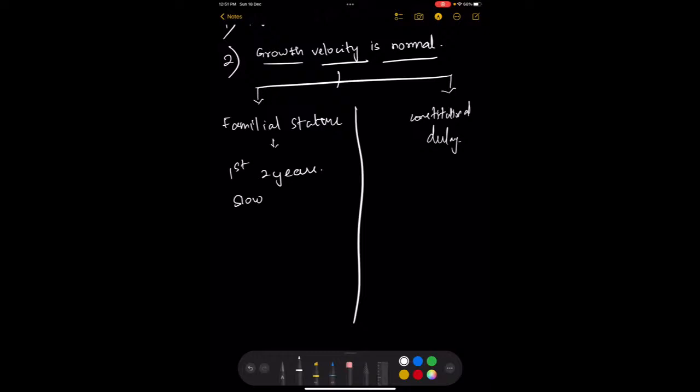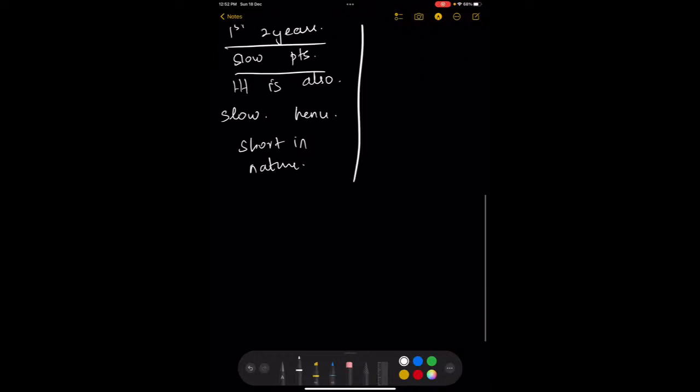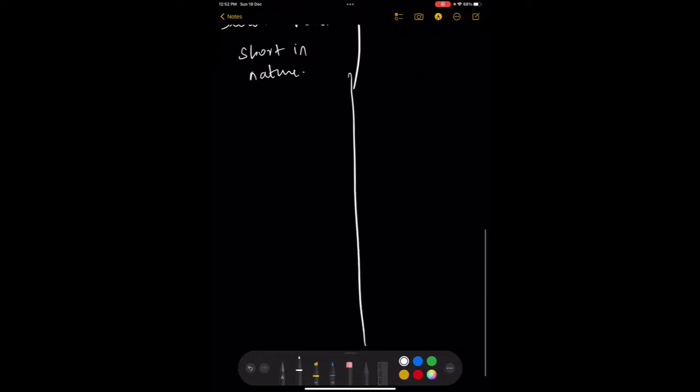So the patient's height is also low, hence short in nature. This is due to nature. If the parents are short, the baby is also going to be short.